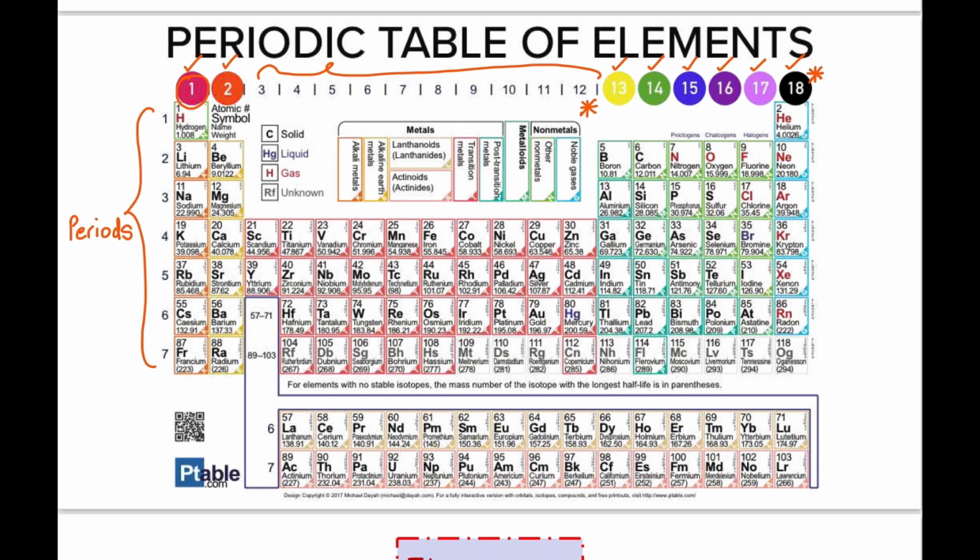When discussing the period, the elements in the same period have the same number of shells. For example, elements in period 3 have 3 shells. Most of the elements exist as metals, while some of them exist as non-metals to the right of the periodic table.